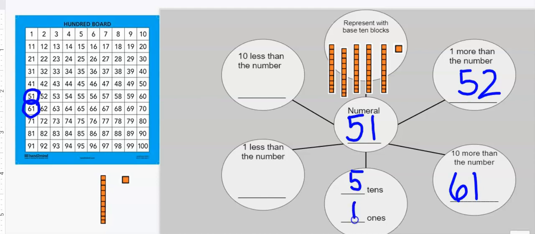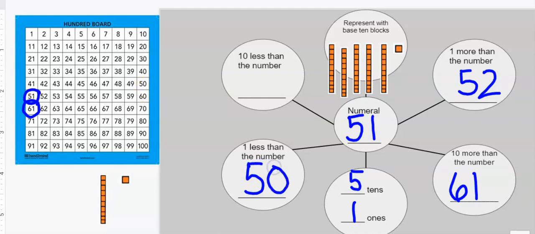We just had 1 of the 1s. Okay, now we're going to look at what's 1 less than 51. So here we have 51. If we're counting backwards, what's right before 51? That's correct. It's 50.